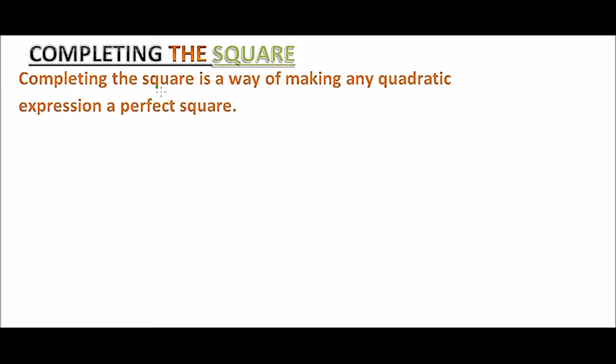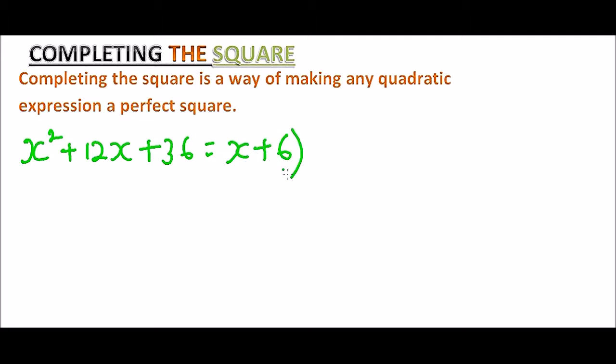So completing the square is a way of making any quadratic expression a perfect square. Let's take an example. We have x squared plus 12x plus 36 is equals to x plus 6 into bracket squared.